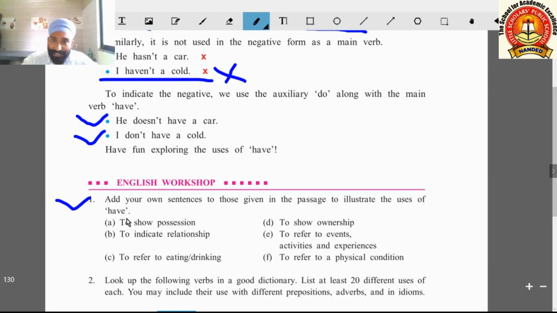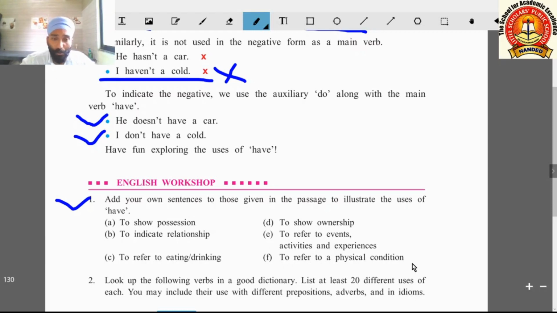Here in the passage some examples are given of uses of have as a main verb, and in this first question of the English workshop, they are asking you to give examples of your own. So make your own sentences for these 6 uses. Uses of have: to show possession, to indicate a relationship, to refer to eating, drinking, to show ownership, to refer to events, activities, and experiences, and to refer to a physical condition.